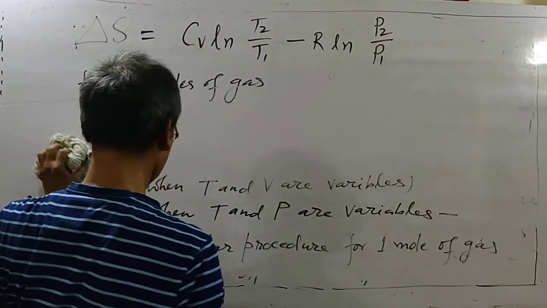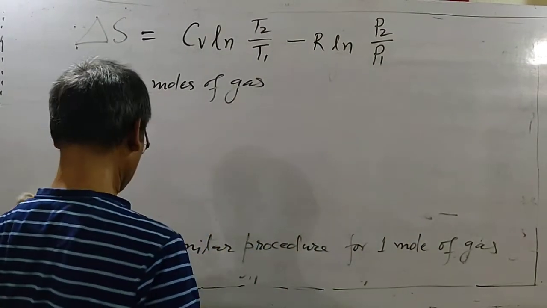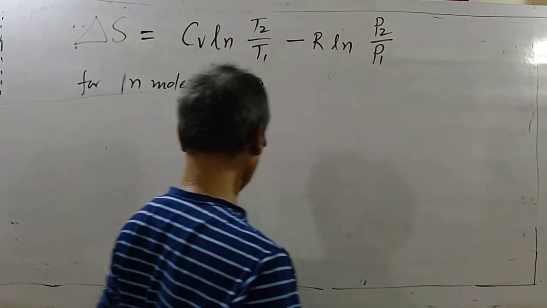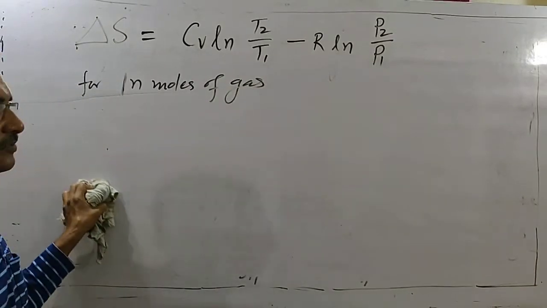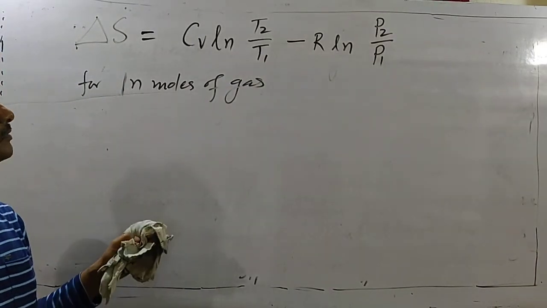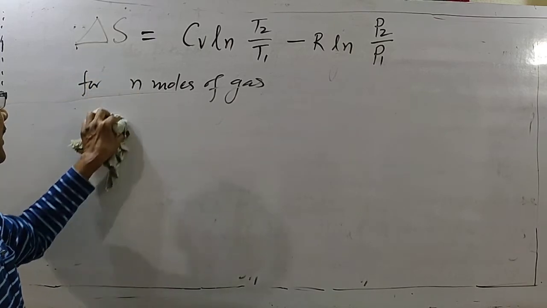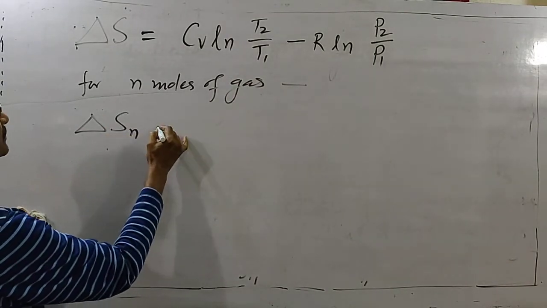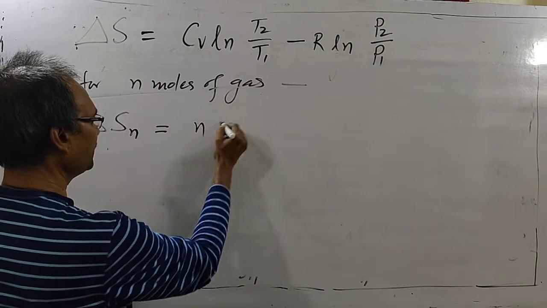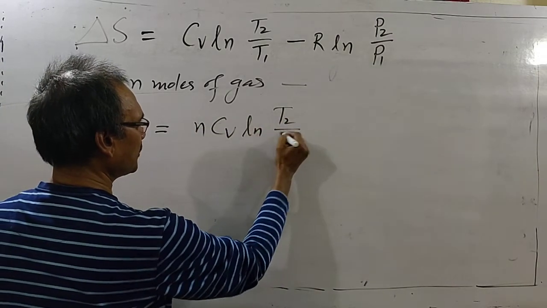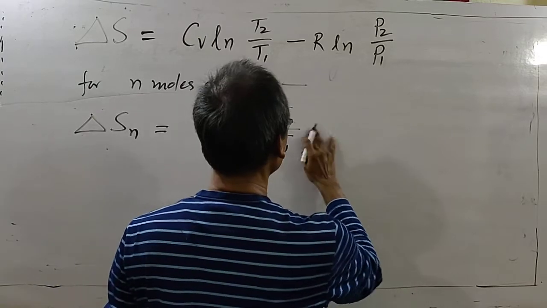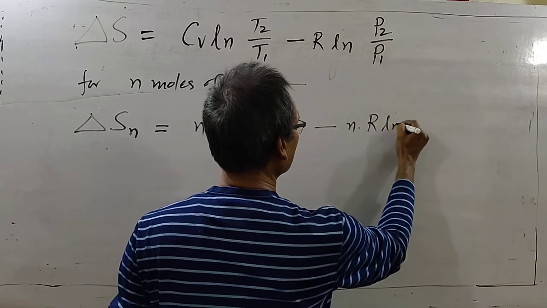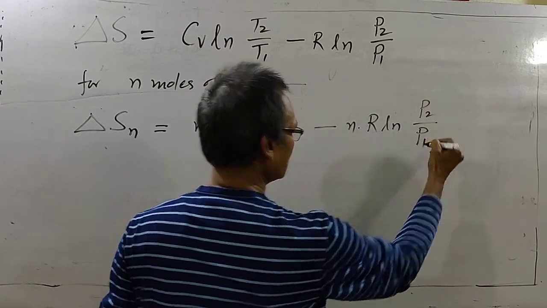This is obtained from the temperature-volume expression by replacing V2 by V1. For n moles of gas, similarly we have delta Sn is equal to n CP ln T2 by T1 minus nR ln P2 by P1.